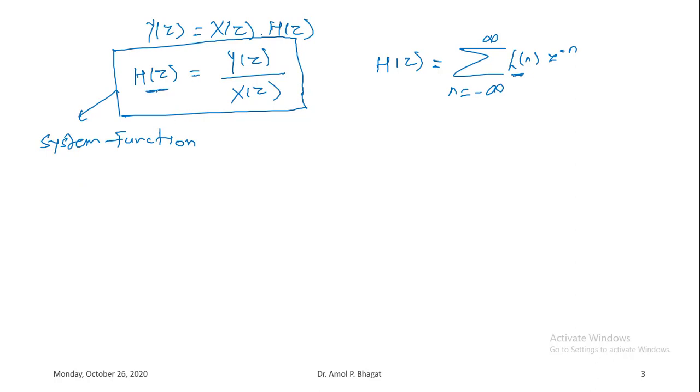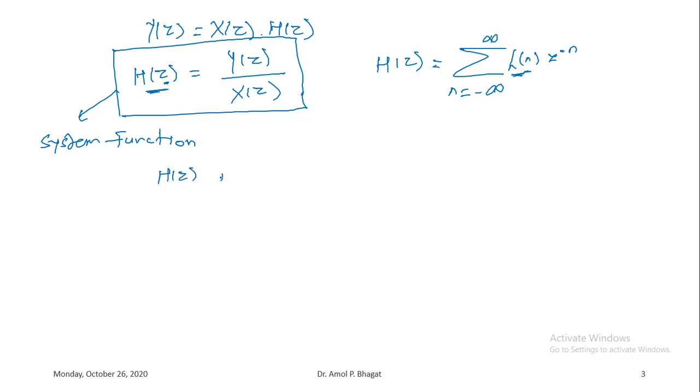So H of Z represents the Z domain characterization of a system, while h of n, that is the impulse response, indicates the time domain behavior or characterization of the system.